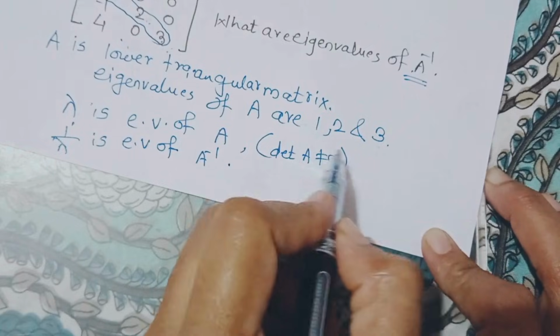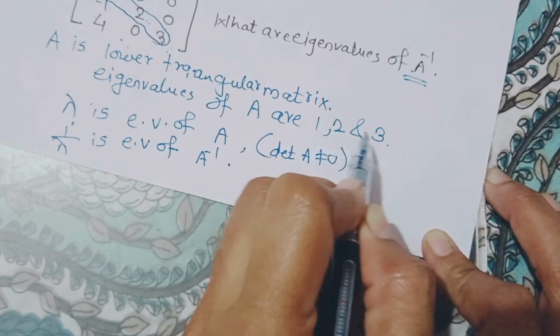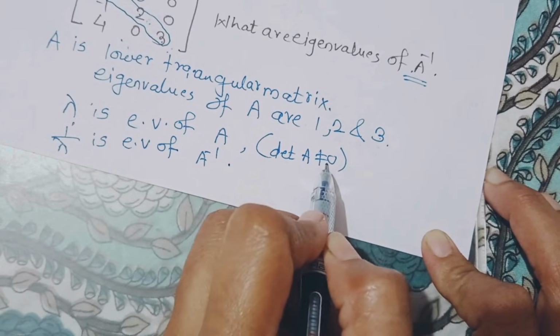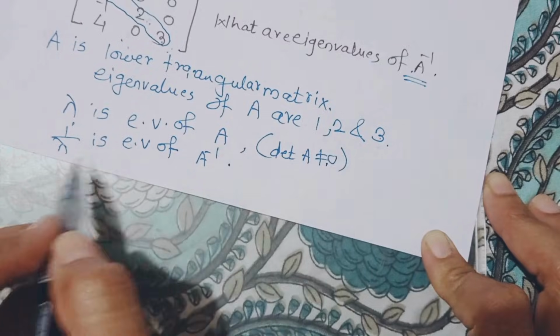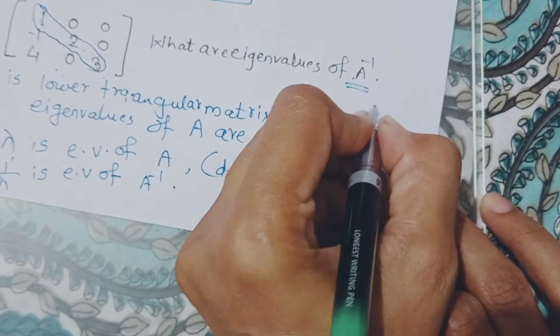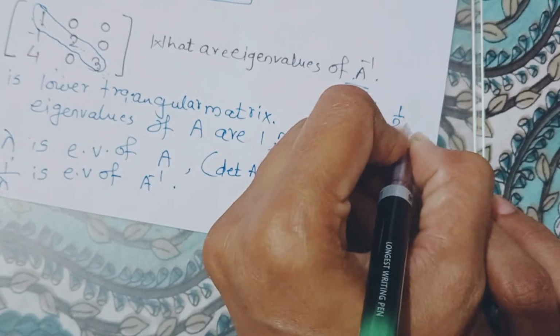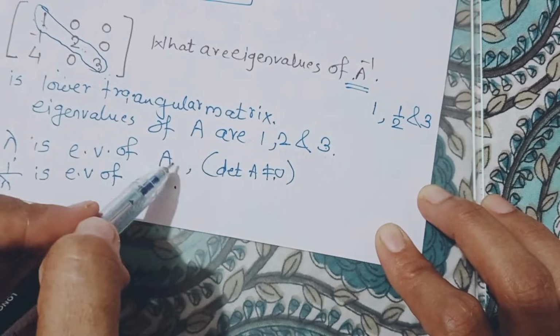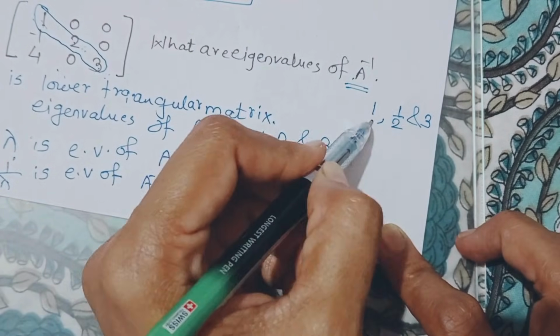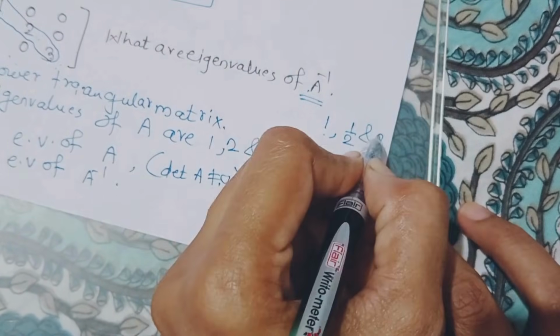So by that property, as 0 is not an eigenvalue, determinant of A is non-zero. Therefore the eigenvalues of A inverse are nothing but 1, 1 by 2 and 1 by 3.